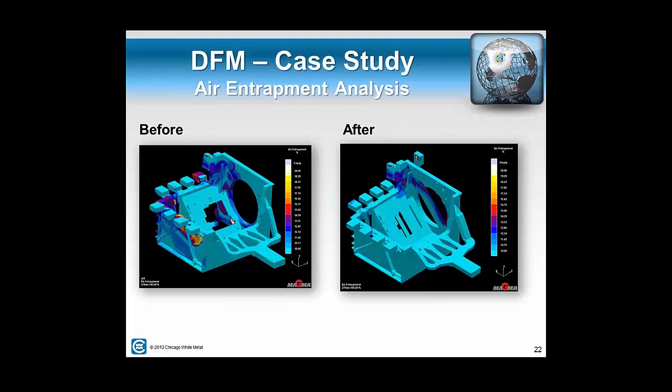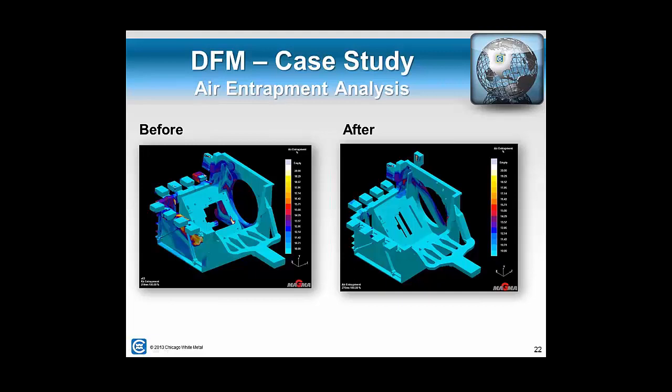This is another analysis that's done with mold flow. This is the air entrapment analysis. And on the left, you can see this was a kind of a before image, the first attempt at the air entrapment analysis that we did. And again, we want everything to be in the real low light green, light blue areas.